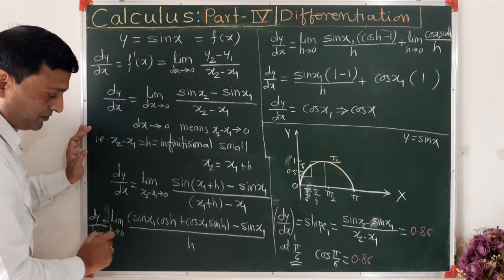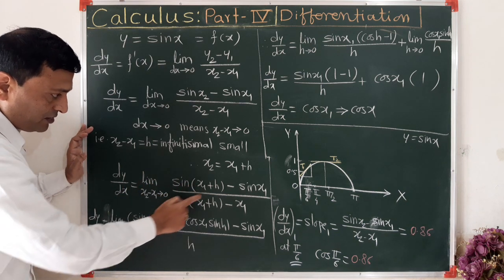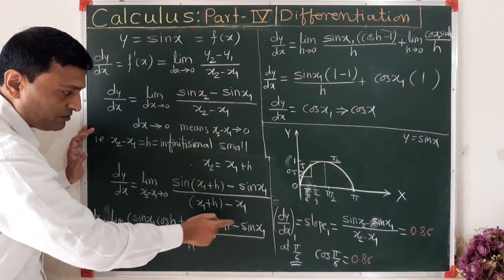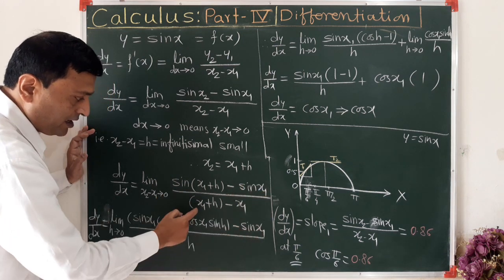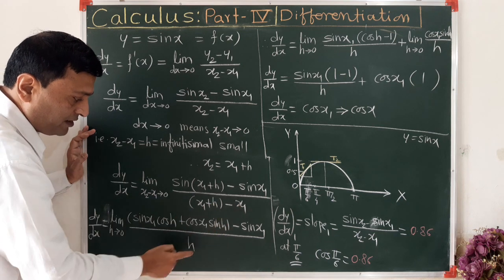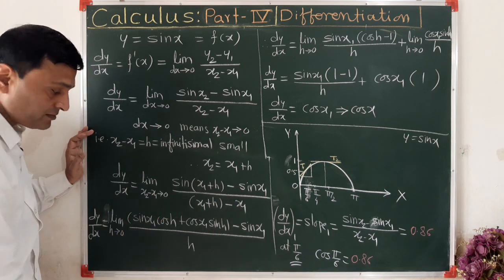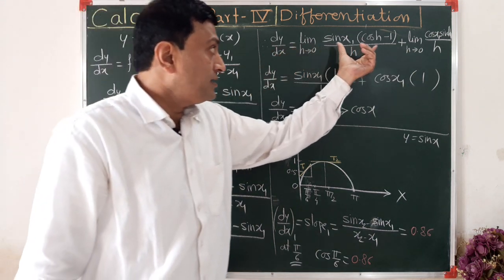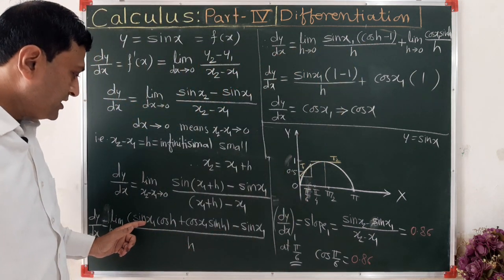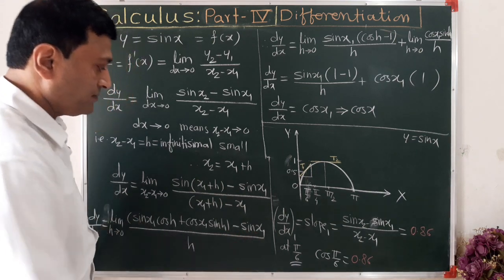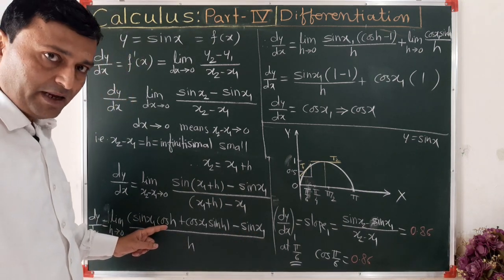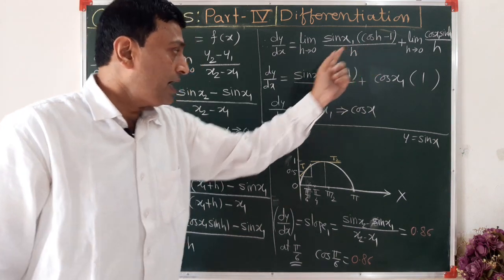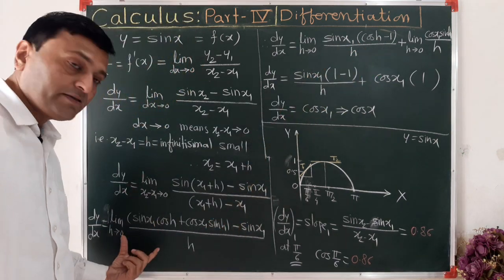It will be sin x1 cos h plus cos x1 sin h minus sin x1 as it is, and the h as it is. Now I have taken sin x1 common, then cos h minus 1, and h as it is, for this first term.